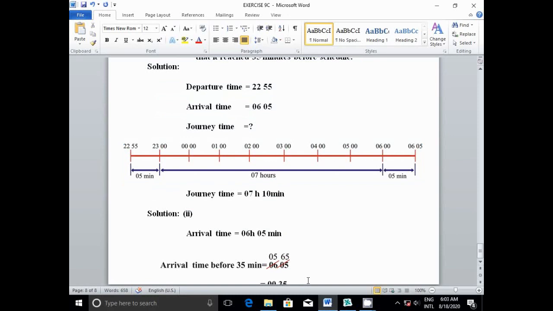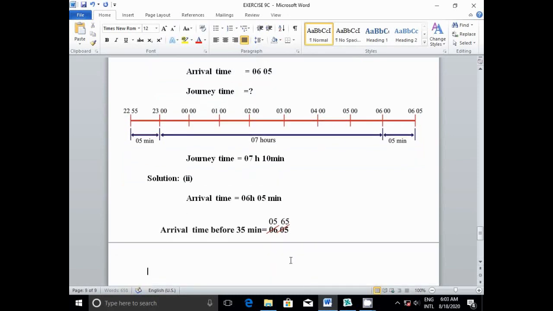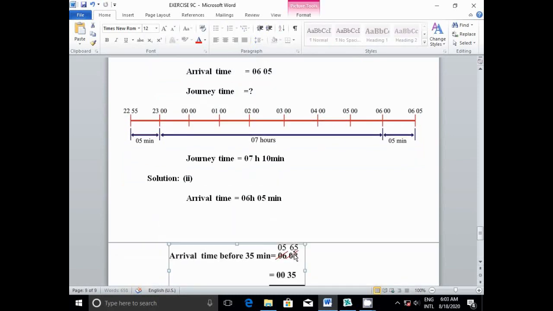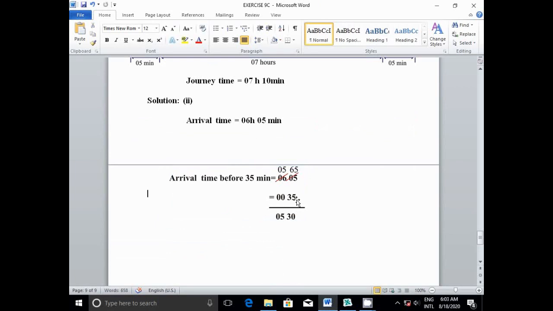So, if we subtract these 35 minutes from the arrival time, then again, we know we can't subtract 35 from 5 minutes. So once again, we have to take 1 hour from this 6 hours. If we take 1 hour from this first pair of digits, then it means we are borrowing 60 minutes. And we have 5 minutes already. Then 60 plus 5, we have a total of 65 minutes.